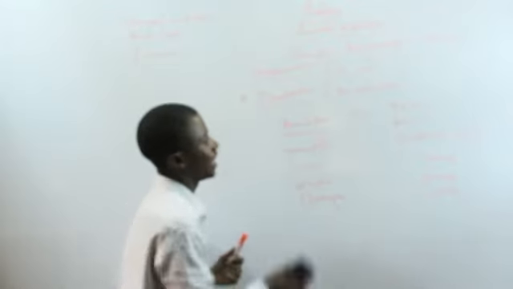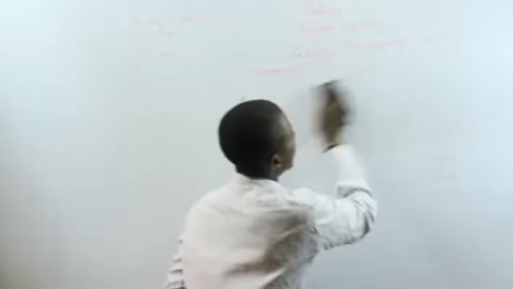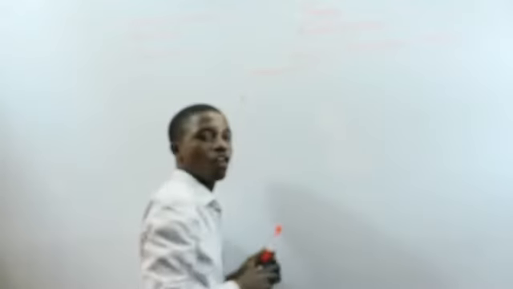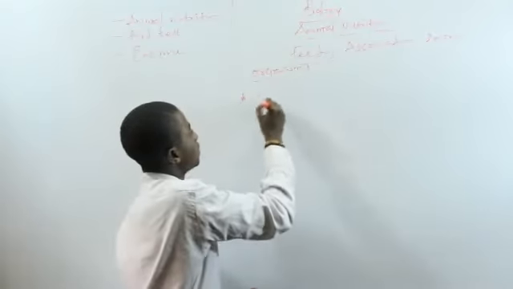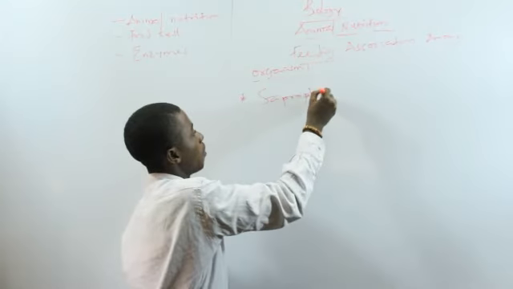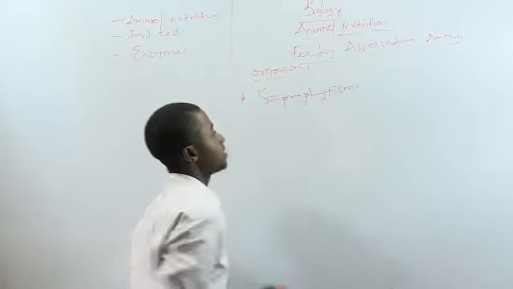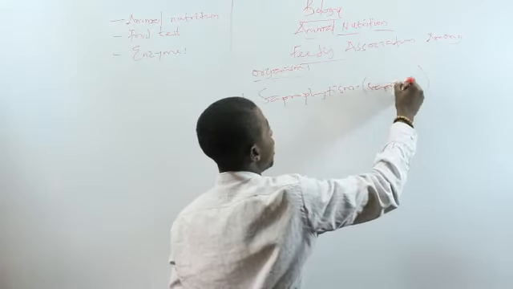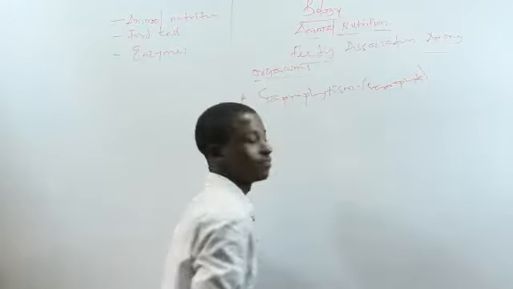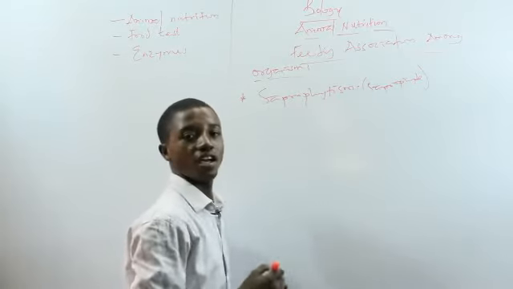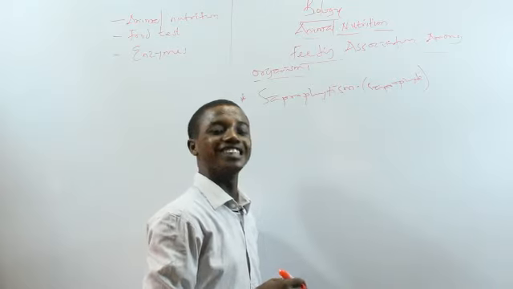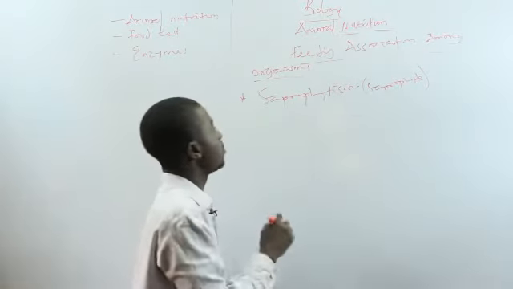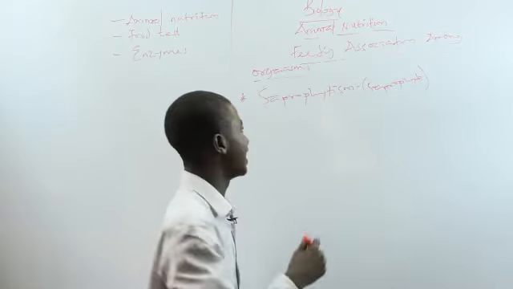So now we'll be looking at another feeding association, and this one is called saprophytism. Saprophytism gets its root word from saprophyte. In saprophytism, organisms feed on dead organic matter, on dead remains of plant and animal.